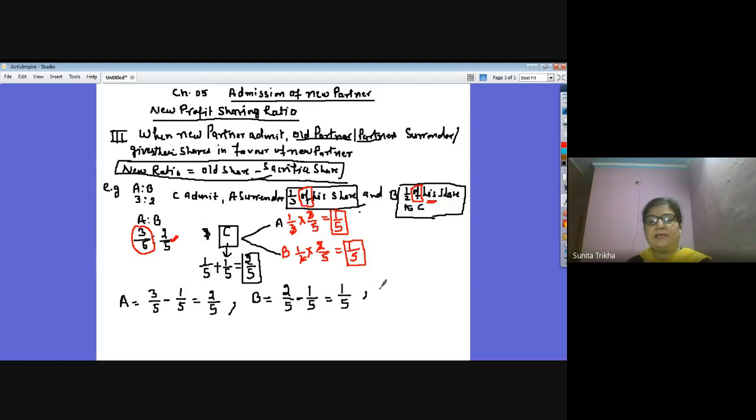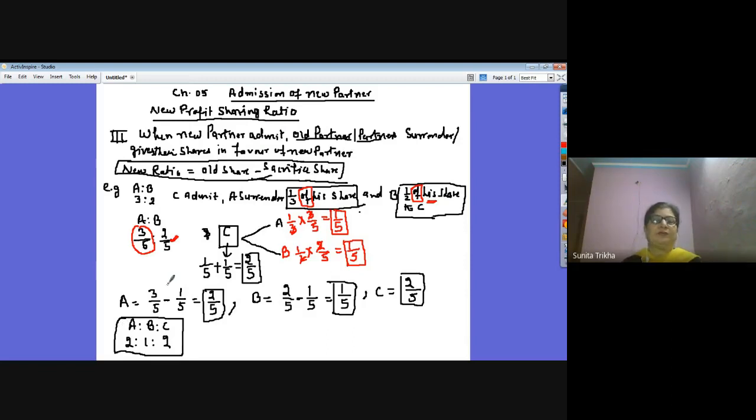And C has a new share that is 2/5. It means new ratio will be A is to B is to C. This is the new ratio of A, new ratio of B, और C की तो new ratio है ही. The ratio is 2:1:2. This is the new profit sharing ratio of partners.